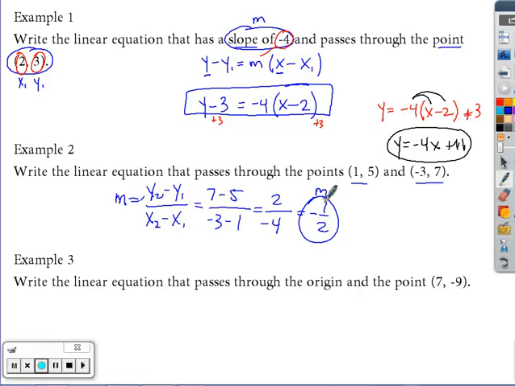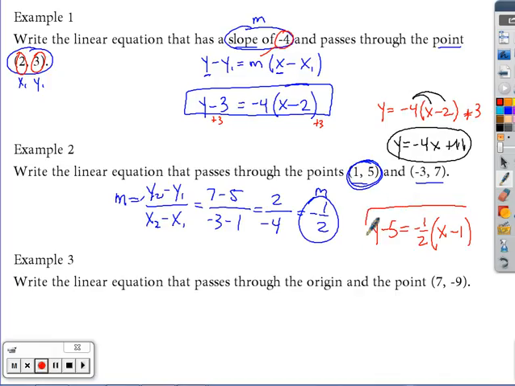Now, all that work just to find the slope, I don't want to do any more work to get my answer. So I'm going to choose a point and use point slope form. If I plug in my y1, I get y minus 5. My slope is -1/2. That goes in for m. And my x1 is the number 1, so I plug that in for x1. And I'm finished.